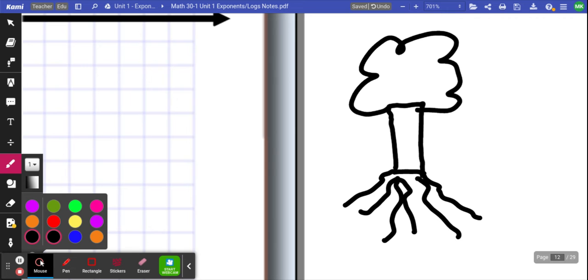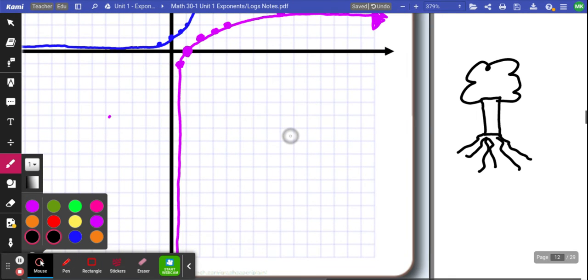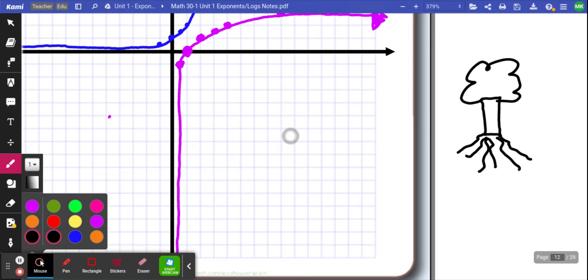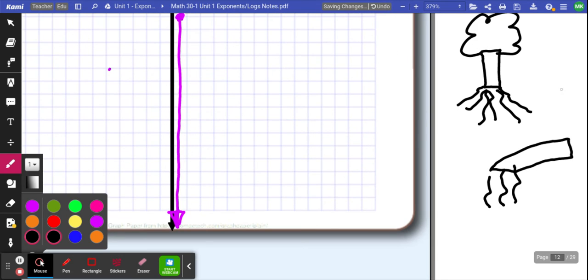This is good. Okay. How do logs get made? They get made when trees fall over. The roots stay in the ground, but the log falls over. That's my log. I don't know what that is.